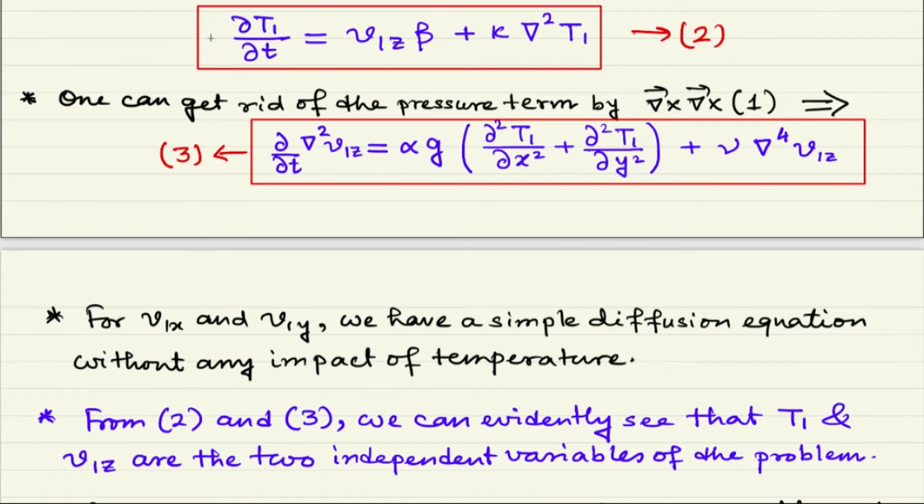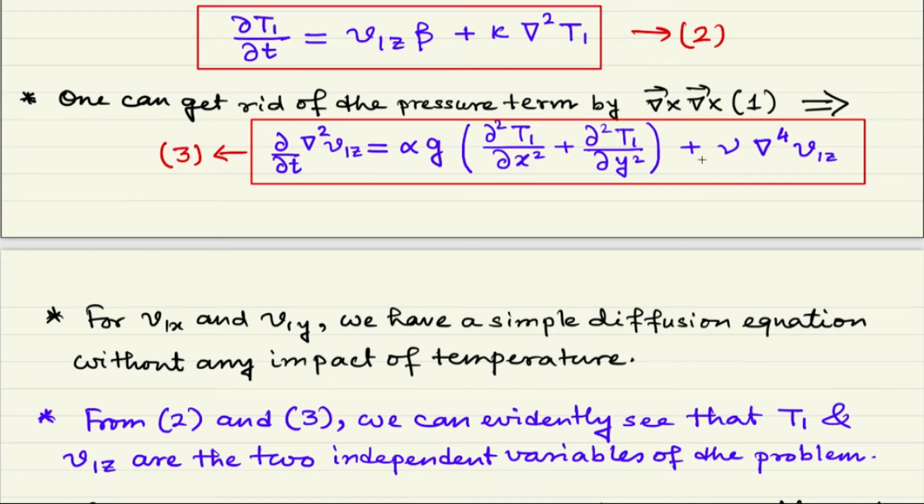The first one is the evolution of the perturbative part of the temperature: ∂T1/∂t = V1Z β + κ ∇²T1. The second one is ∂/∂t ∇²V1Z = α g (∂²T1/∂x² + ∂²T1/∂y²) + η ∇⁴V1Z.